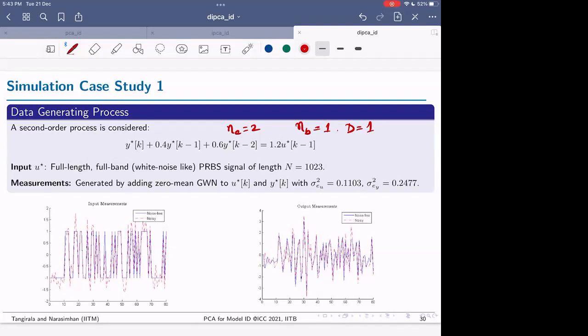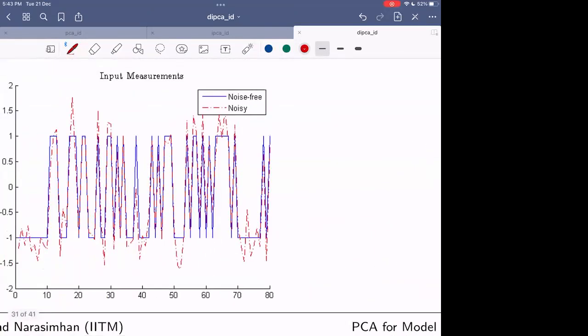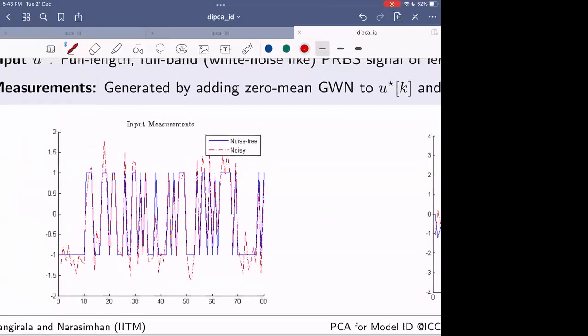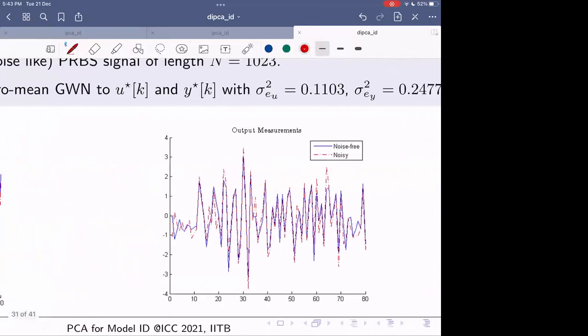We once again set SNR to 10, add noise in such a way that SNR is 10, and here is just a snapshot of the input and output noisy and noise-free measurements. Sorry, you may not be able to see clearly unless I zoom in. So this is the input measurement and this is the output measurement.